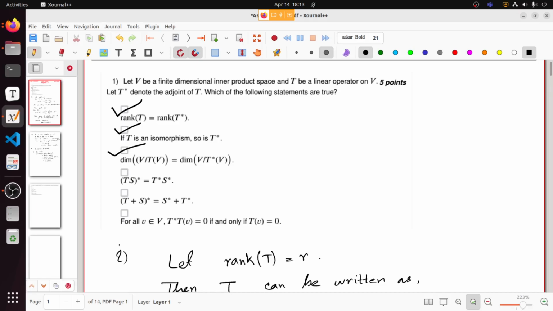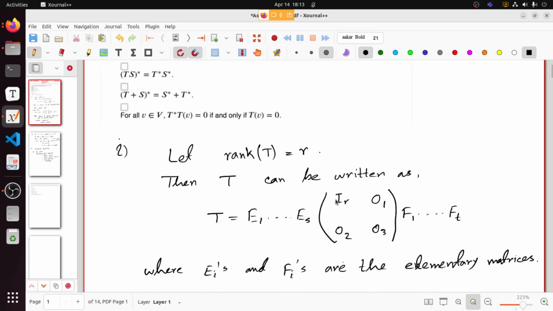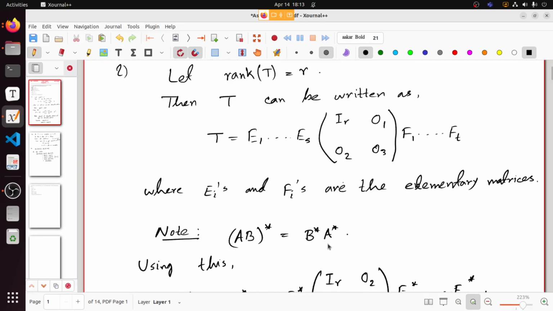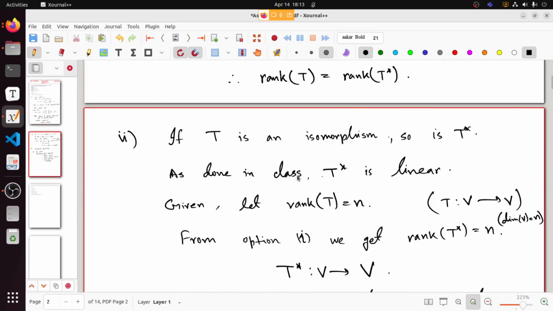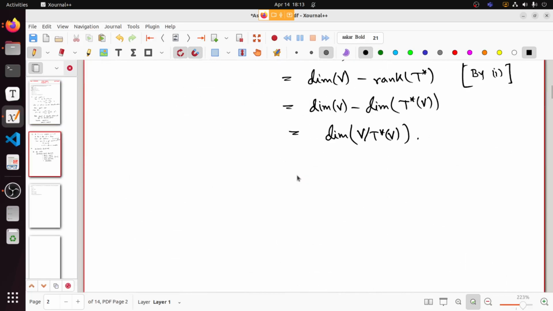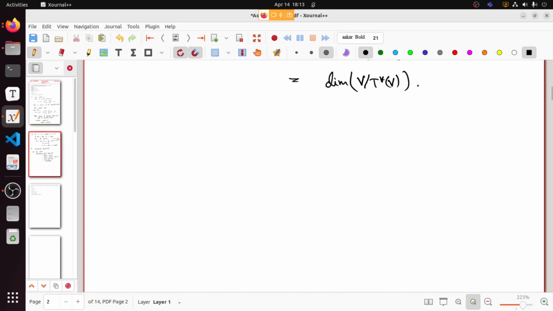Okay, so now option number 4 is (T compose S) adjoint is T star S star. So this is not true. In the first option we have used that (AB) star equals B star A star. So we'll prove that this is not true. So let's check option number 4.